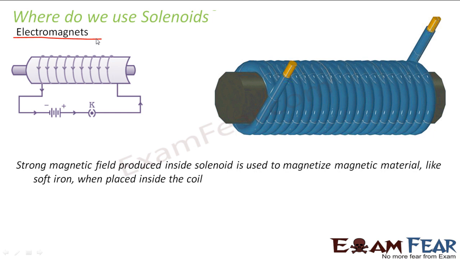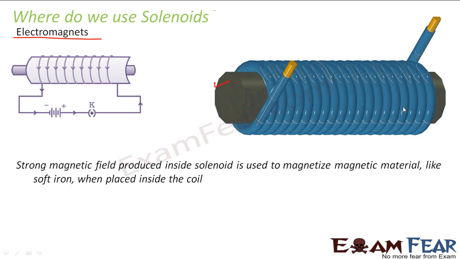How? As I mentioned in the last slide, the magnetic field inside the solenoid is uniform and strong. This strong magnetic field produced inside the solenoid is used to magnetize magnetic material like soft iron when placed inside the coil. For example, you have this material, soft iron.